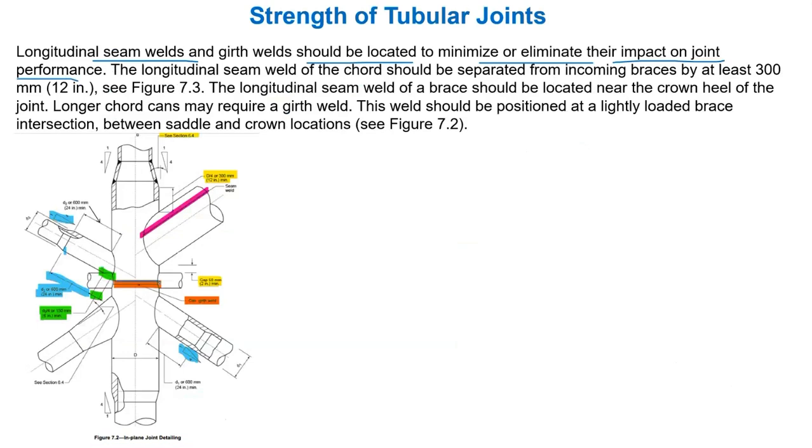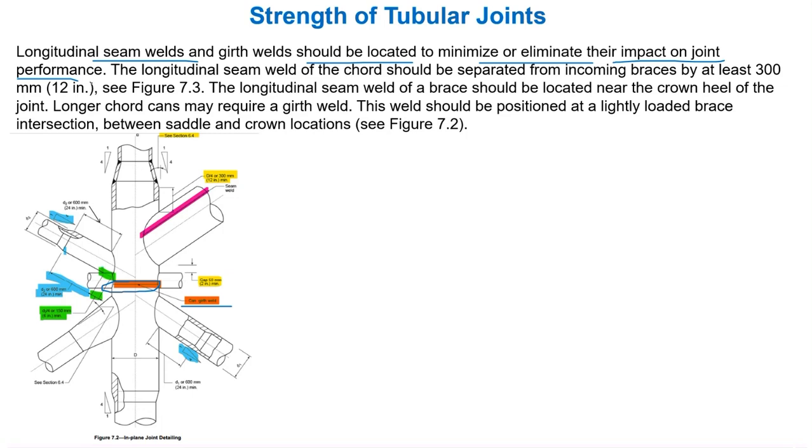You see here, this is the girth weld, and this one is the longitudinal seam weld in the brace.